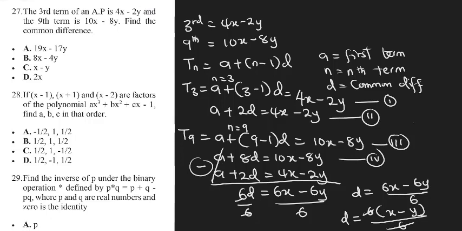We'll be left with x minus y. Right? So therefore our d is equal to x minus y. So if you check it, do you have anything like that in the answer? Yes, C is the answer. Let's move to the next question.